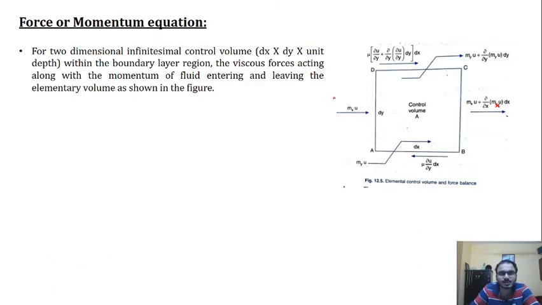For a two-dimensional infinitesimal volume, that is this, the volume is dx into dy into unit depth within the boundary layer region. The viscous forces act along with the momentum of fluid entering and leaving the control elementary volume as shown in this figure.